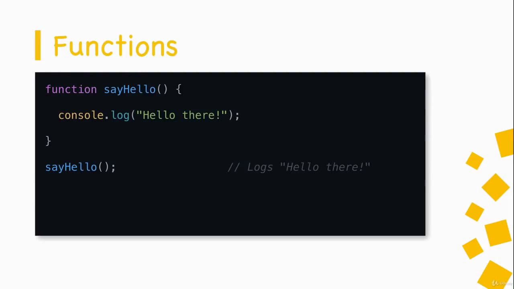You can think of functions kind of like variables. So just like variables are used to store values that you define once and then you can reuse over and over again by referencing the variable name, similarly for functions you can define a piece of code once and then reuse it over and over again. So in this case you can type in sayHello and then parentheses as many times as you want, and we will get the text hello there logged to the console that many times.